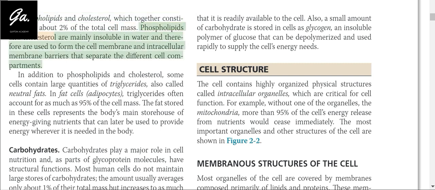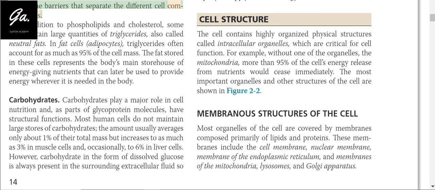Phospholipids and cholesterol are mainly insoluble in water and therefore are used to form the cell membrane and intracellular membrane barriers that separate the different cell compartments.